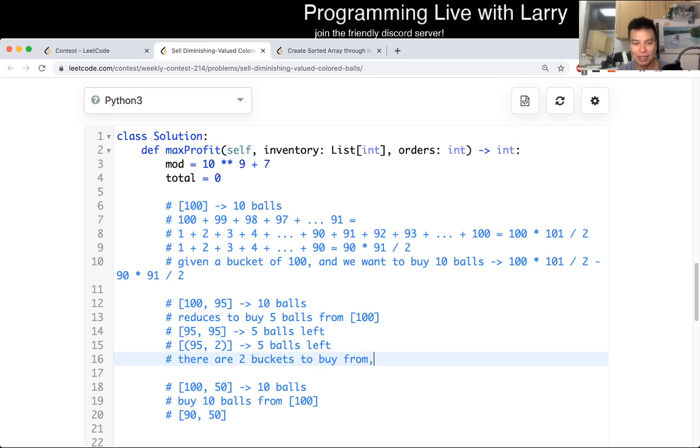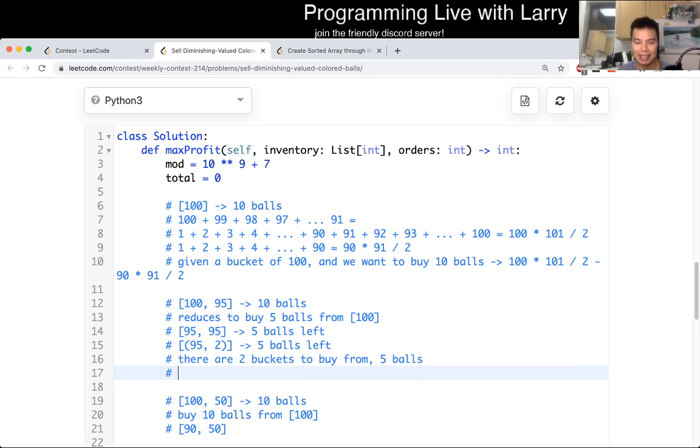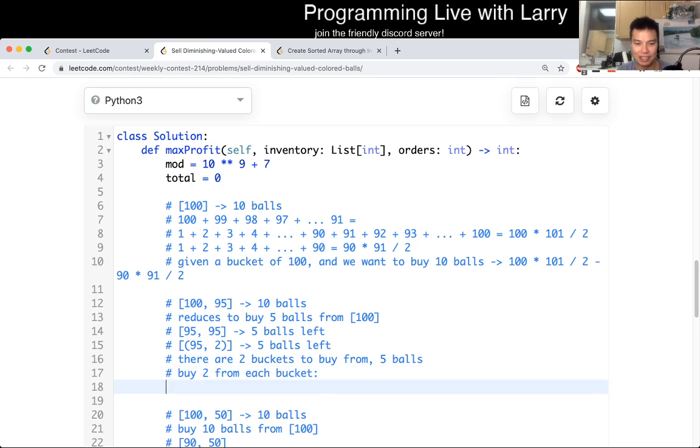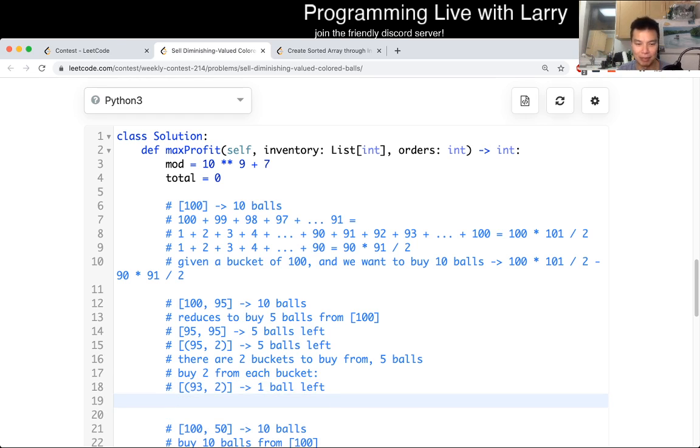So of the 5 boards, we want to buy 2 from each bucket first. That's the reduction. So now it goes to 93, 2 with 1 board left. And then you could just pick one of them because neither of the buckets matters, right? Buy one from either bucket.